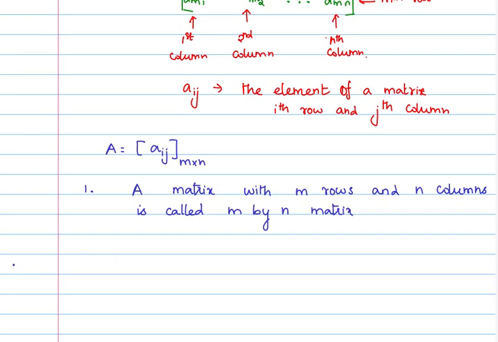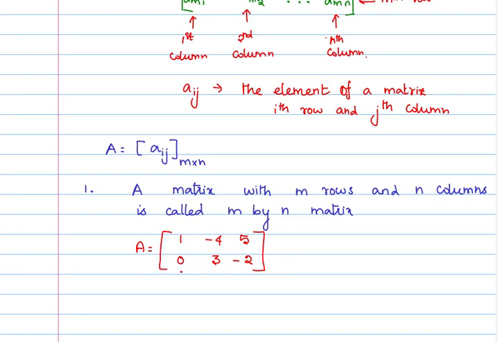For example, take a matrix A: 1, -4, 5 in the first row, and 0, 3, -2 in the second row.